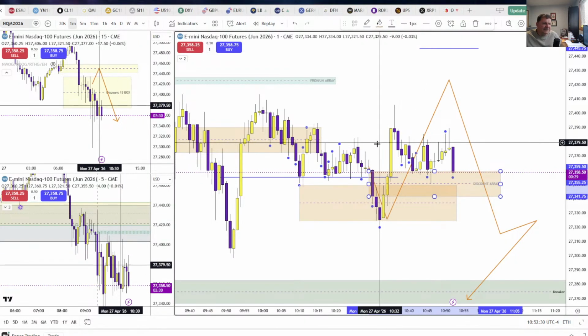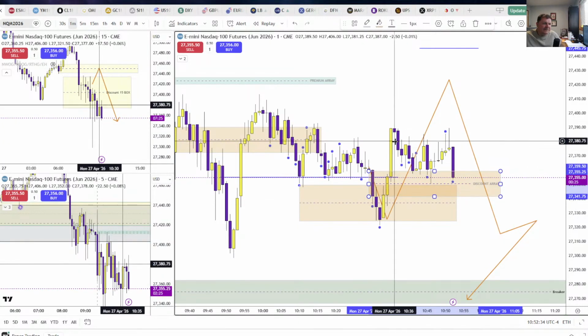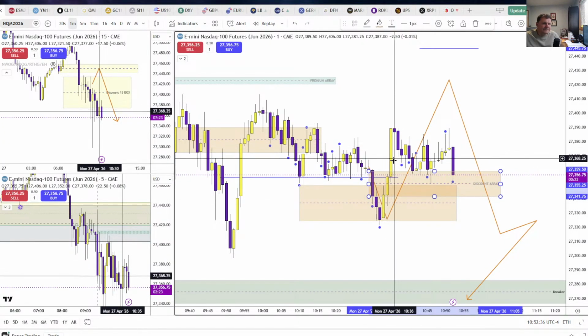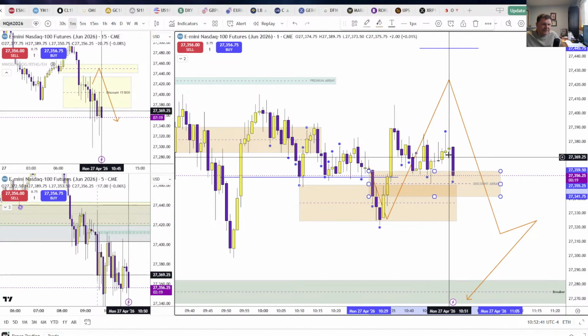Still inside this one. Discount, premium. We cannot seem to break through this just yet. We're sitting right in here.